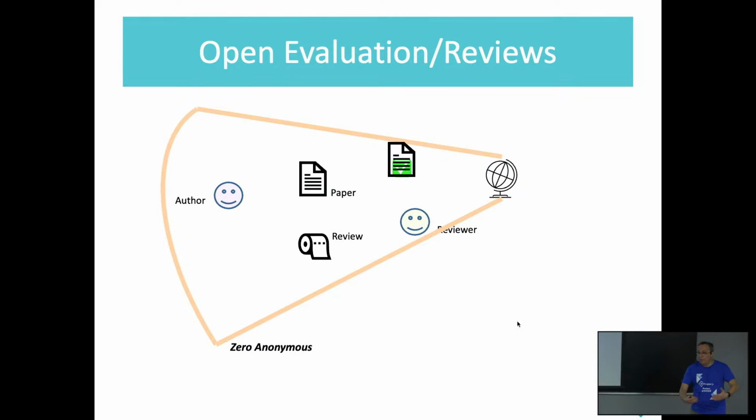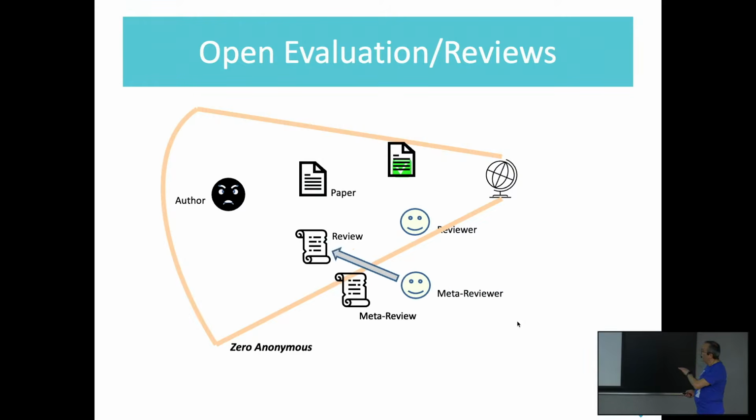Their name will be openly known to the world. The review must be good, but now you have the other problem that the author can be bad. What? You wrote a bad review for my paper. I'll see. The next time you ask for a recommendation letter or I review your paper, you'll see what will happen to you. Okay? So there are issues to deal with in open reviewing.